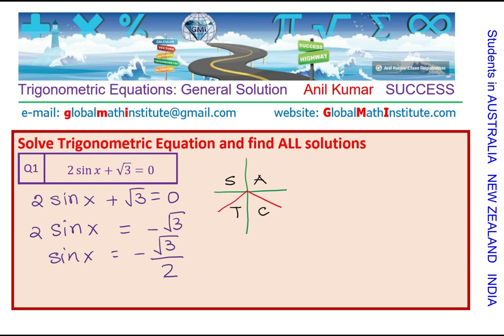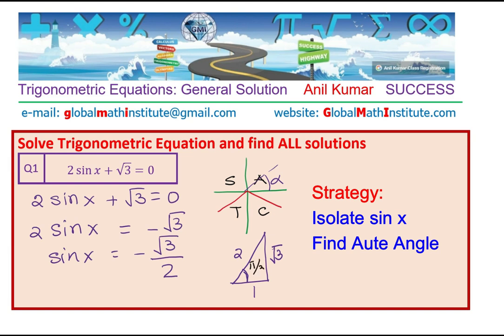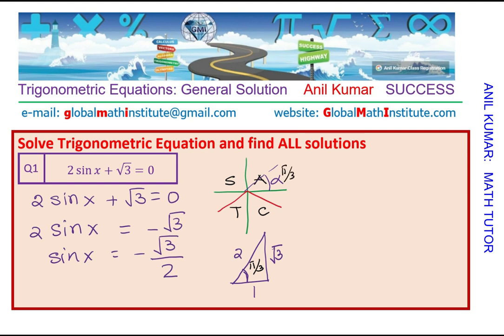Now let's look at the related acute angle, which we'll call alpha. We go with our special triangle: 1, 2, square root 3. Square root 3 over 2 for the sine value means we're looking at this angle, and it is pi by 3. So the related acute angle is pi by 3.